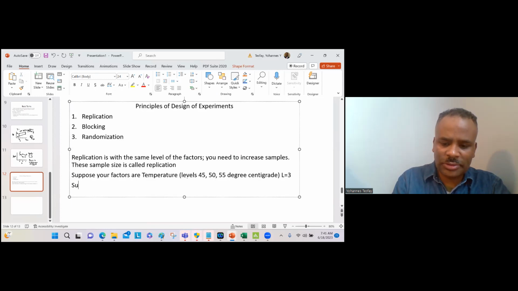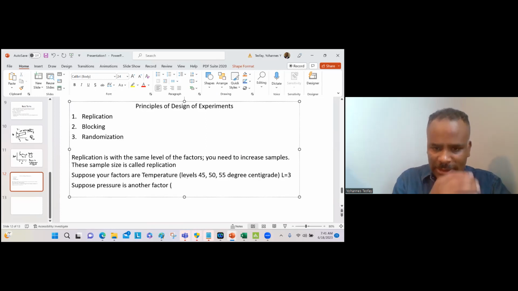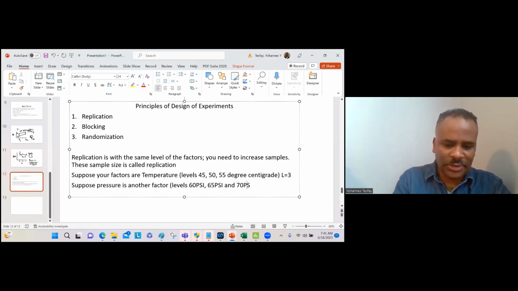And suppose pressure is another factor, and levels, let's say 60 psi, 65, and 70 psi.